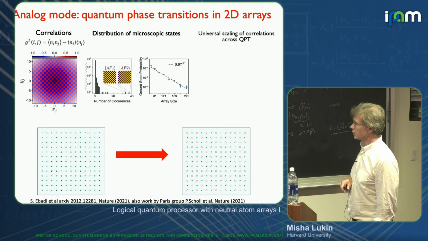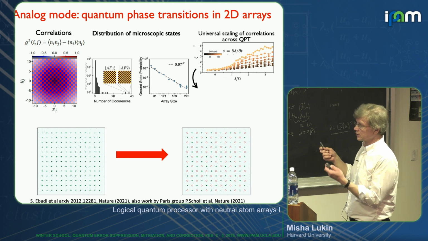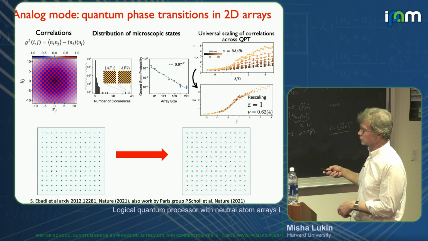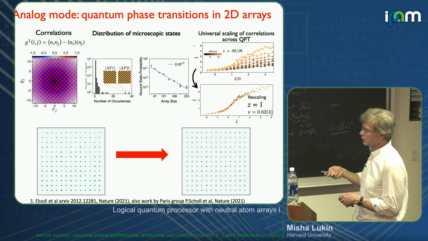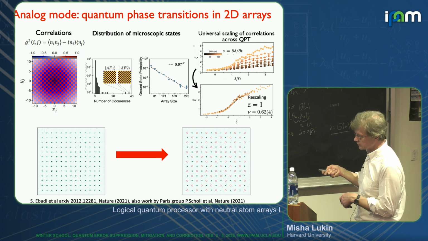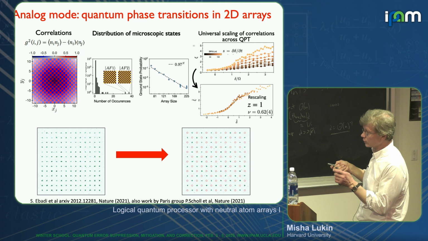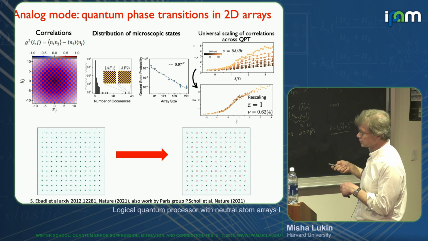But you can also study not only statics, you can study dynamics, you can study correlation growth, and, for example, extract the so-called critical exponents. So the transition from this state to this state is a quantum phase transition. It's driven by quantum fluctuations, and it's characterized by various types of many-body correlators and by these critical exponents.